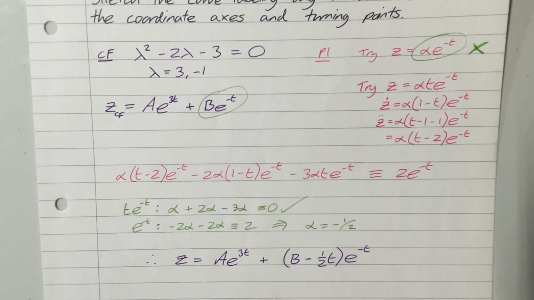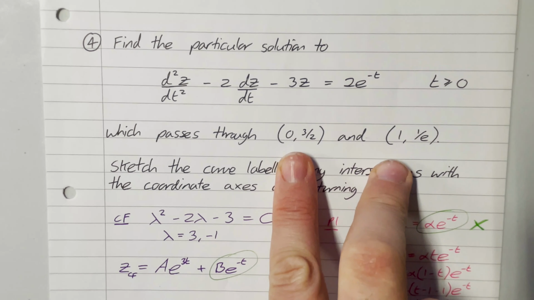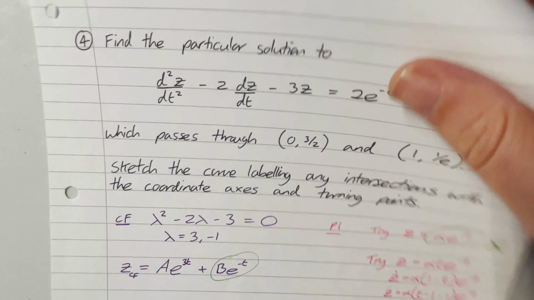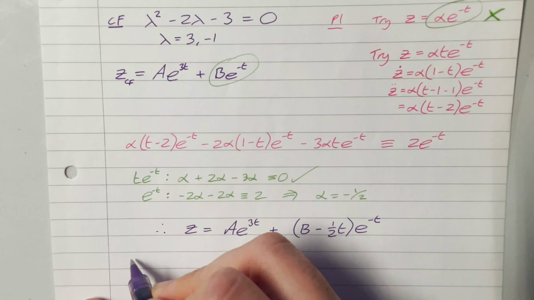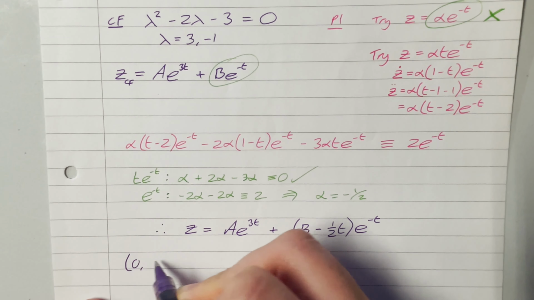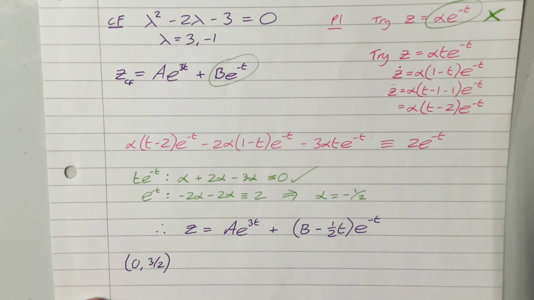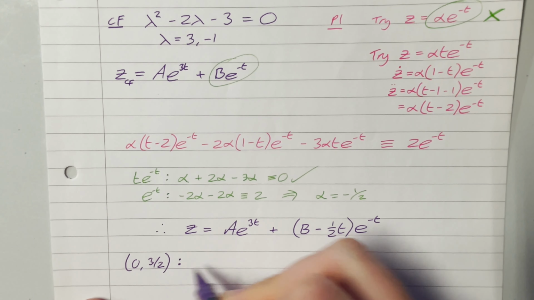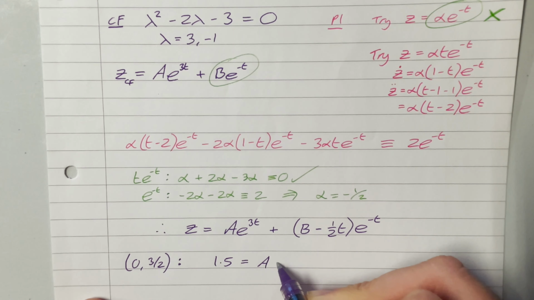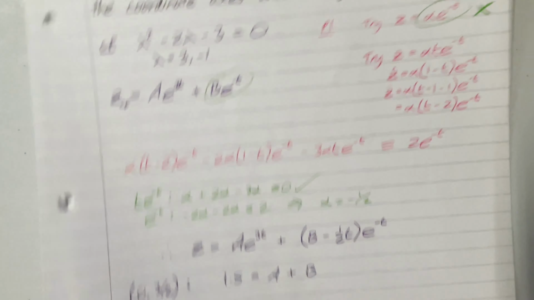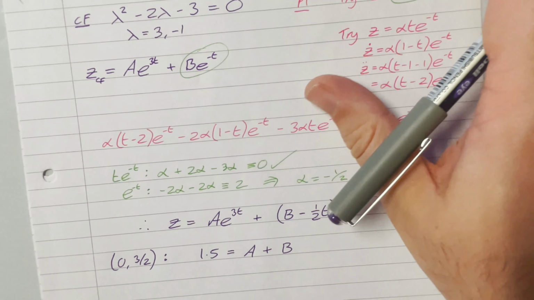Okay, it passes through 2 points. This is another boundary value problem. I've got 2 points that lie on my curve, so I'm going to plug each of those points in separately. So the first point at the top there is 0, 3/2. That means when t is 0, z is 3/2. So I get 1.5 is equal to a plus b. Okay, so a plus b is 1.5.